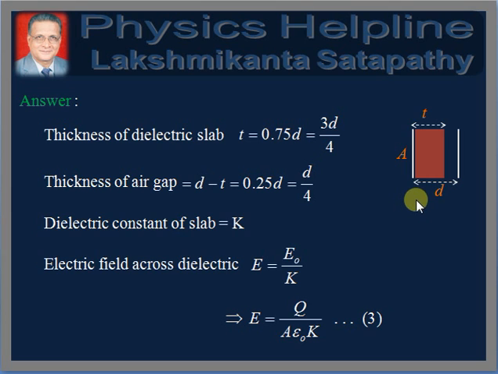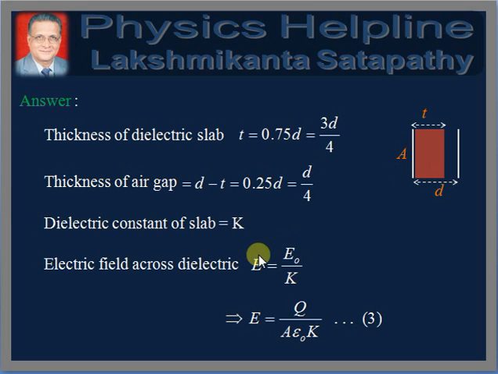Now, we will introduce a dielectric slab between its plates. Thickness of the dielectric slab is given by T is equal to 0.75 D, which is equal to 3D by 4. Therefore, the thickness of the air gap will be equal to D minus T, which is equal to D by 4.